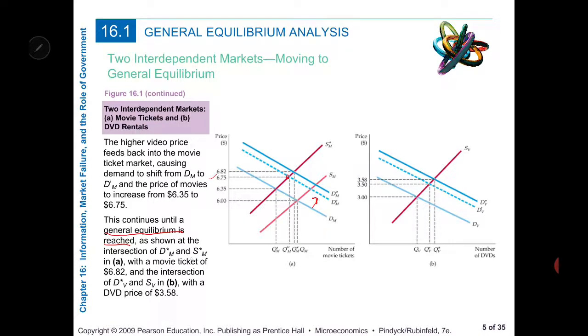The feedback effect between the two markets will stop at a new equilibrium, which is at 6.82 and 3.58. This is the new equilibrium, 6.82, and the final general equilibrium is 3.58.